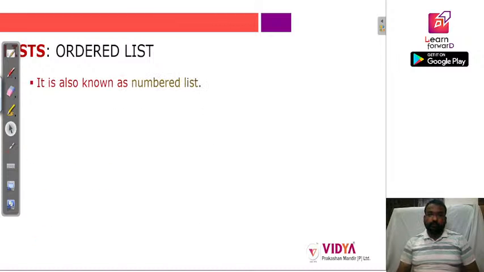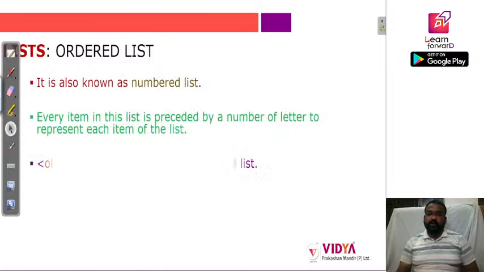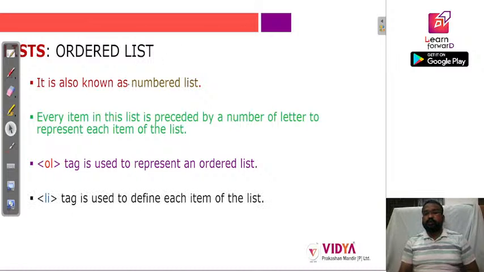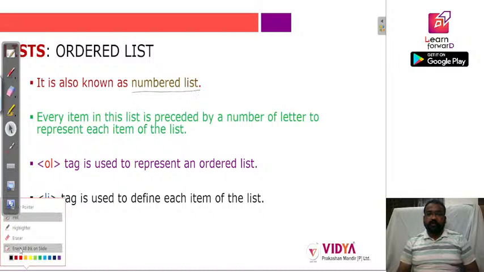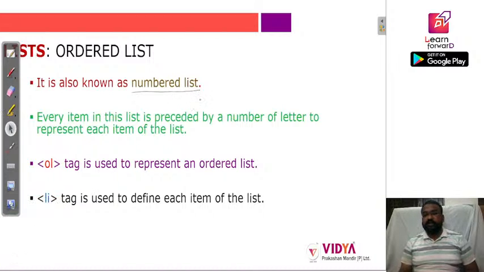Let's see what the ordered list is. Basically the ordered list is also known as numbered list. Why are we calling it a numbered list? The reason is that the items would be represented in some numbered form. So it would be like 1, 2, 3, and then your list item.